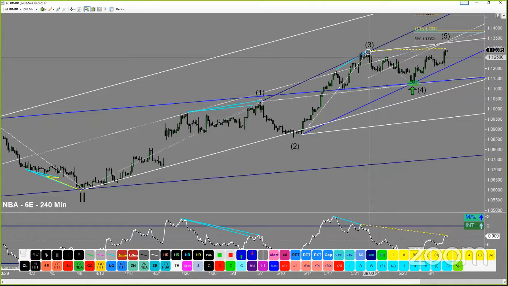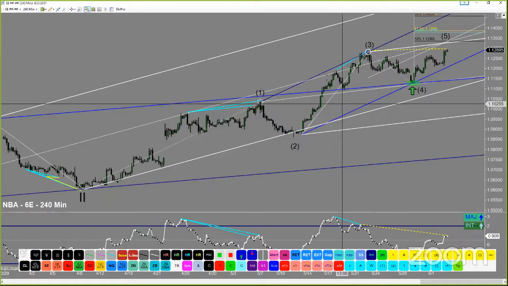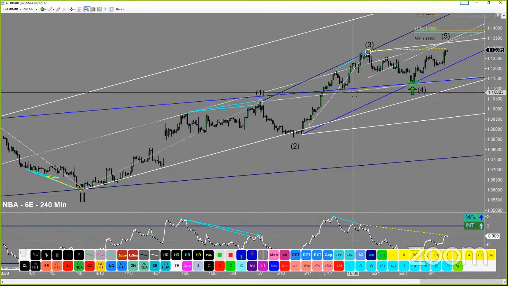The resulting pitchfork from this structure gives us the center median line exactly at that spot as well. So you have three perfect areas coming together right there, and that's exactly what we look for.